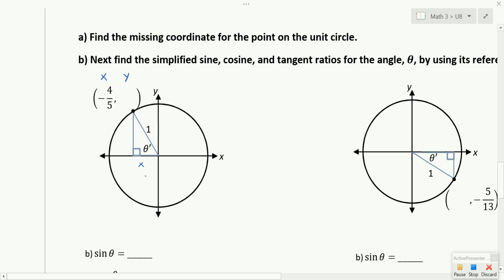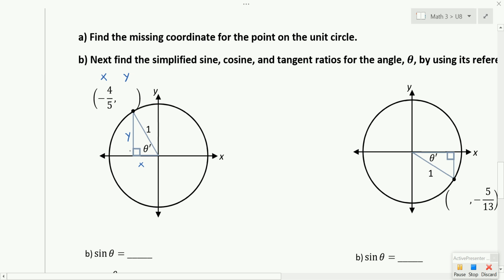The only thing that's different is typically length is positive, right? But because we're working within coordinates and we're in quadrant 2, we're going to say the x value is negative because all x values are negative in quadrant 2. And then the y value is the height of this triangle, which we don't know and we want to find.